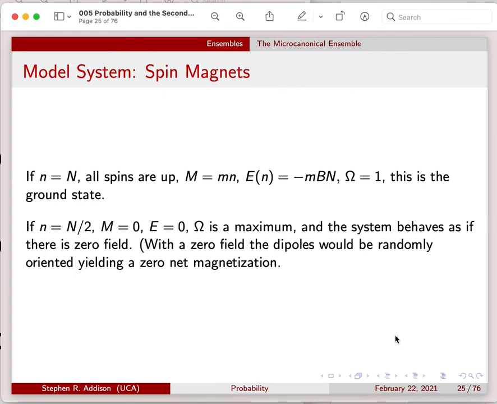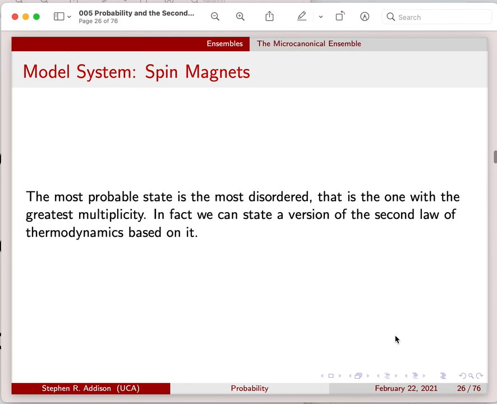If little n is equal to half of the total number of spin magnets, the total magnetization, big M, is equal to 0, and the total energy is equal to 0. Omega itself is a maximum, and the system behaves as if there's 0 magnetic field. The most probable state is the most disordered one, and that's the one with the greatest multiplicity.